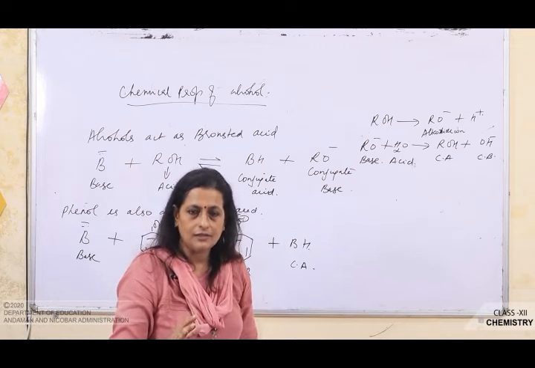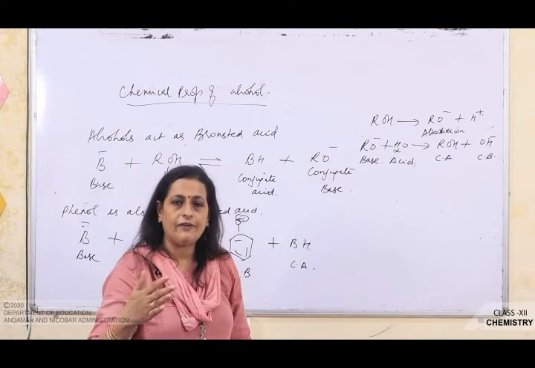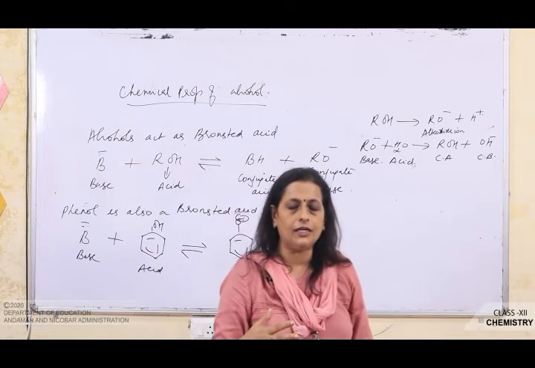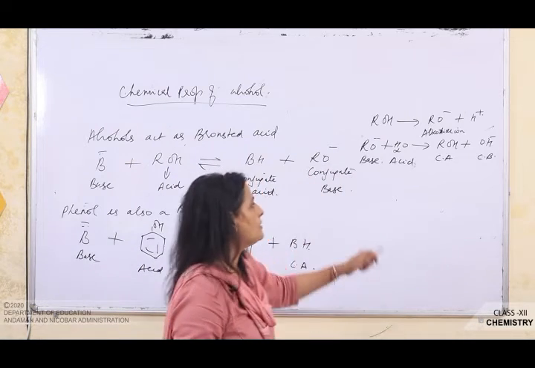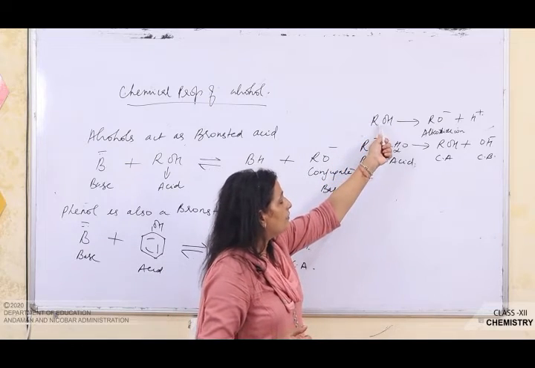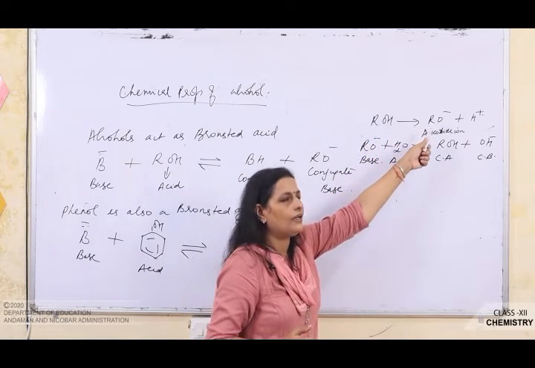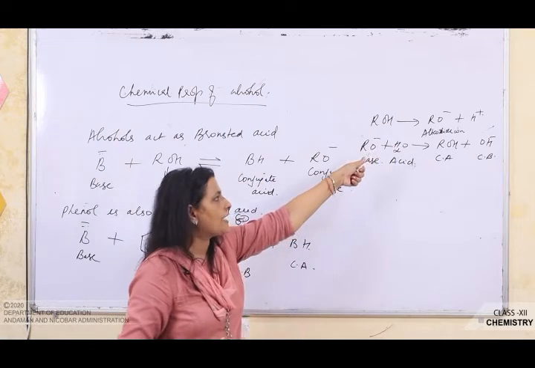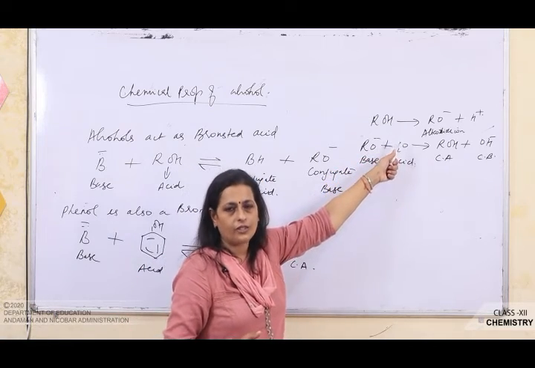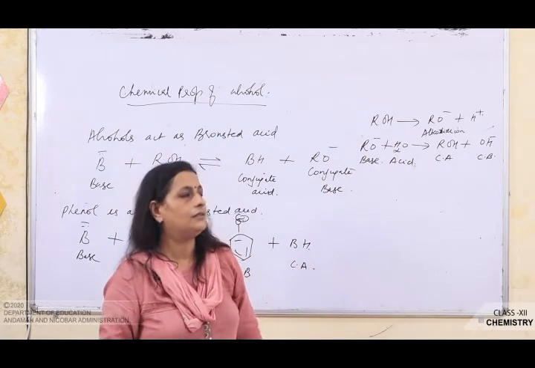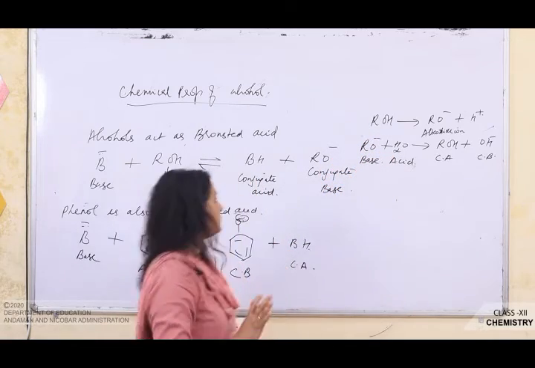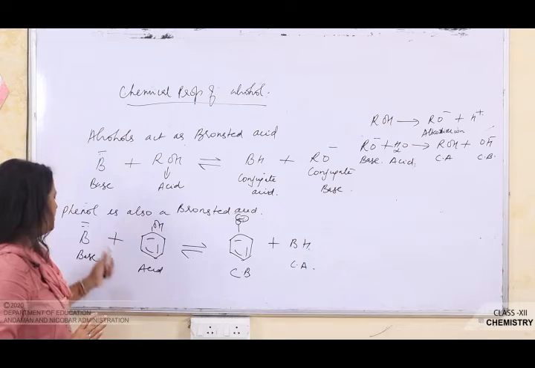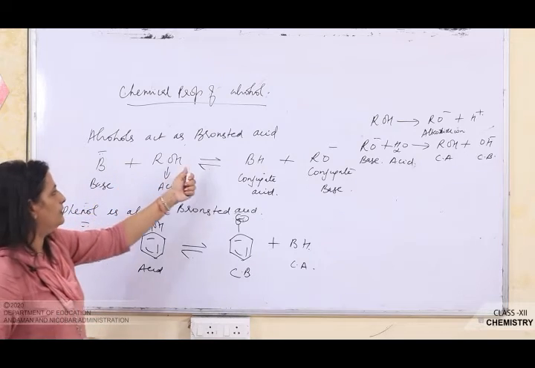Alcohol is an acid because it gives a proton, but when we compare alcohol and water, water is a stronger acid than alcohol. Why? Because the base formed from alcohol, that is alkoxide ion, is easily accepting a proton from water. From this we can conclude that alcohol is a weaker acid than water. So, is it clear? Alcohol is a Bronsted acid because it gives a proton.